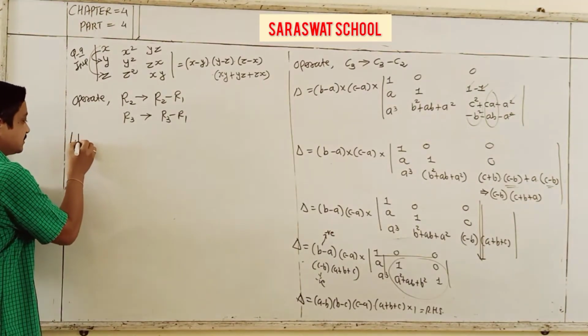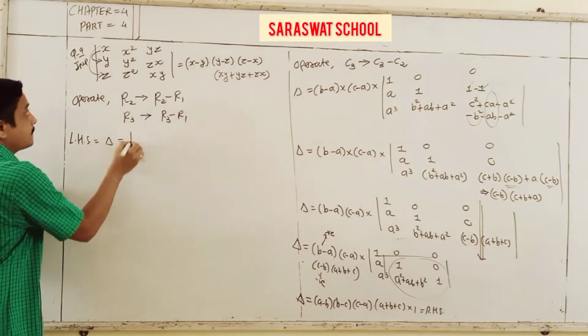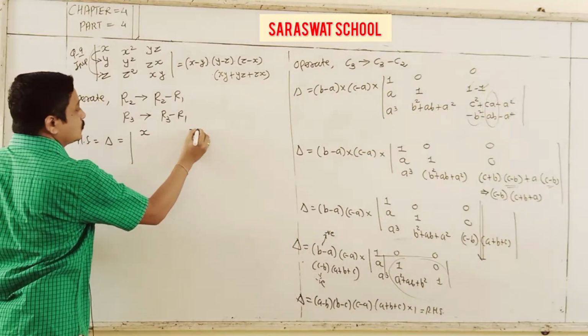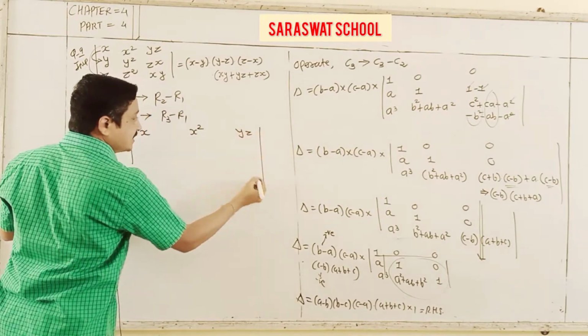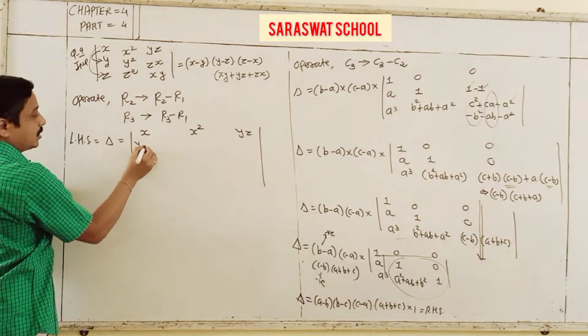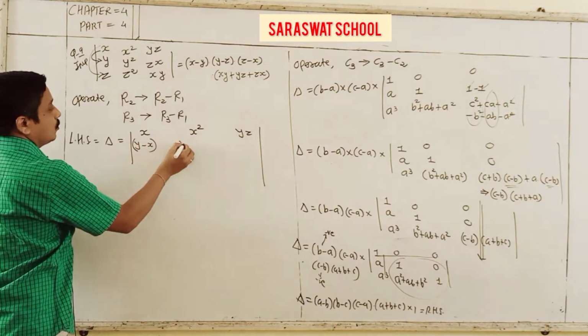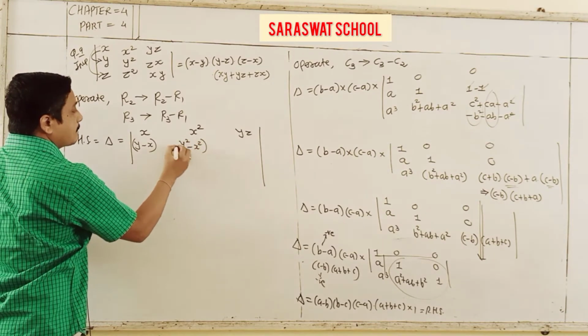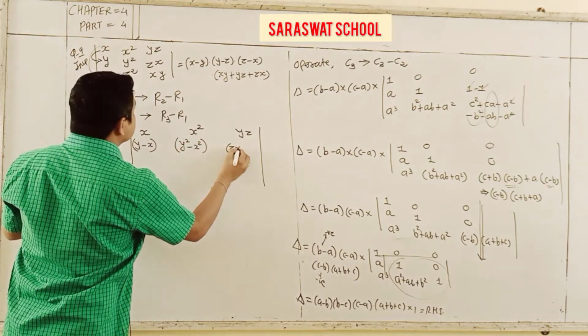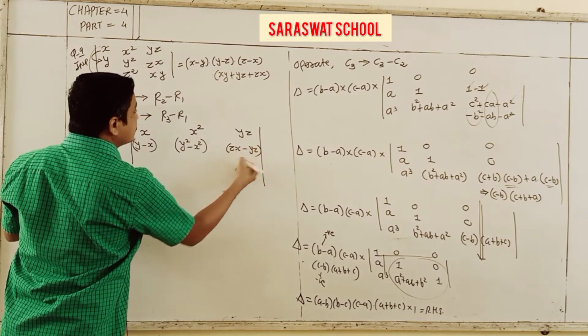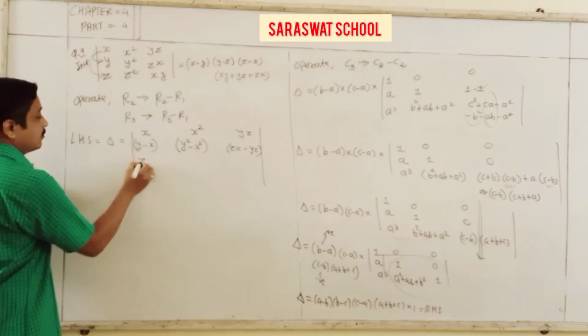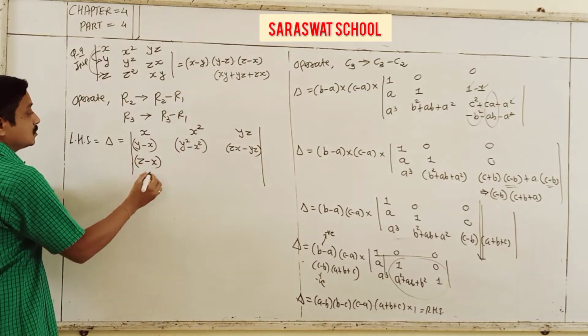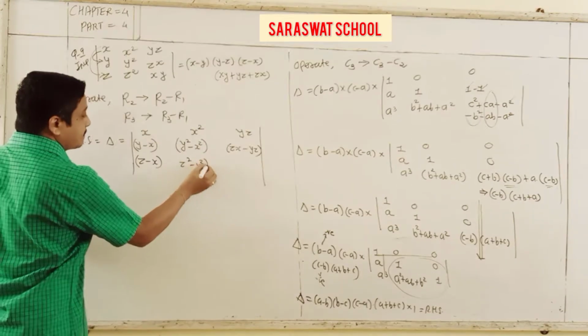Now the LHS, our del. This is the same x, square, yz. Here is a subtraction: y minus x, y square minus x square. And zx minus yz; similarly, z minus x, z square minus x square.